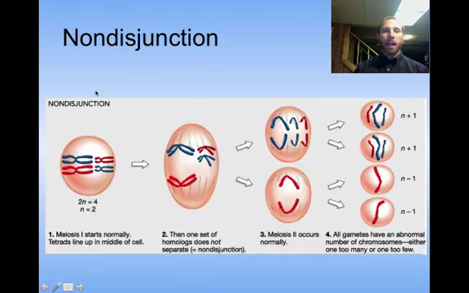So we see in this diagram here in our non-disjunction, here is our meiosis 1, metaphase 1. We see our tetrads lined up together. In anaphase 1, notice this tetrad did not separate. So they both went to this side of the cell and ended up in this daughter cell. Each of these daughter cells should have 2 chromosomes in it. This one only has 1.